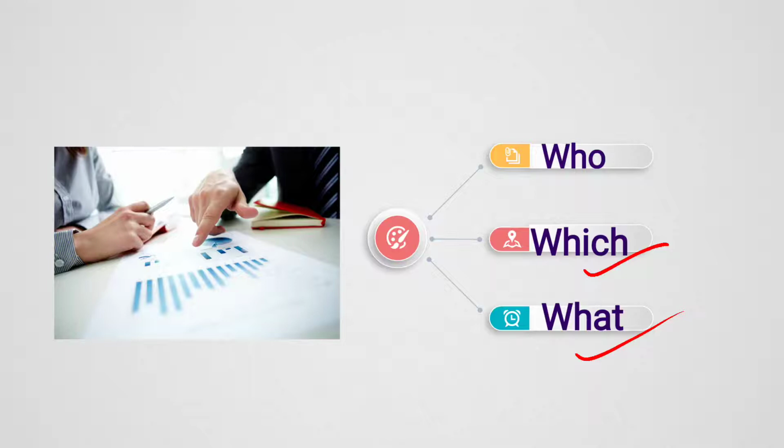That means if question words like which or what are used with a noun, they are examples of interrogative adjectives. Like which magazine, what books, what dress. So if which and what are used with nouns, they are called interrogative adjectives.